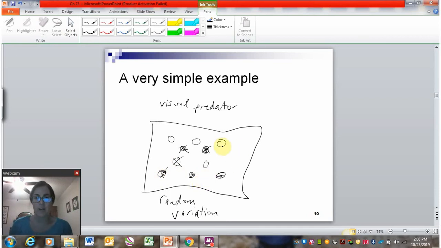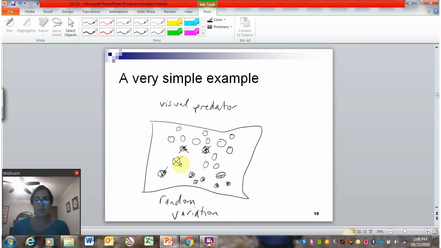And so over time, the white dots would survive longer and reproduce more. So this population is having more of these white dots. And some of the surviving dark dots, they might have some offspring.